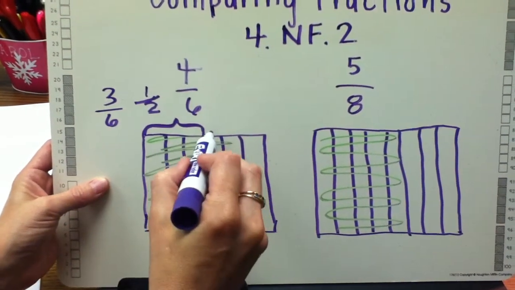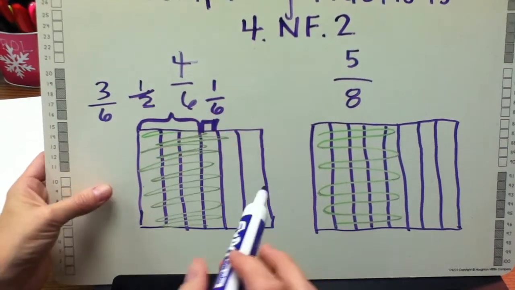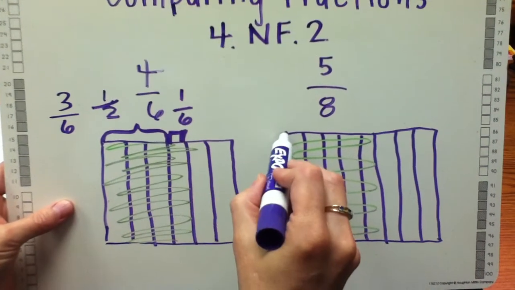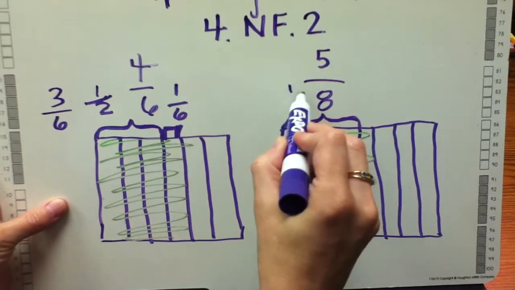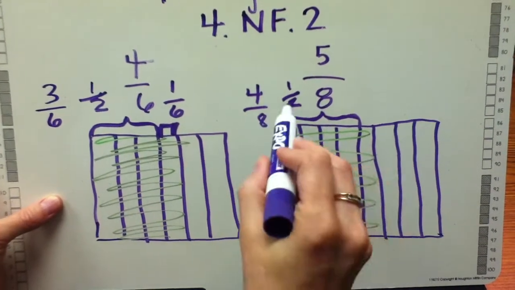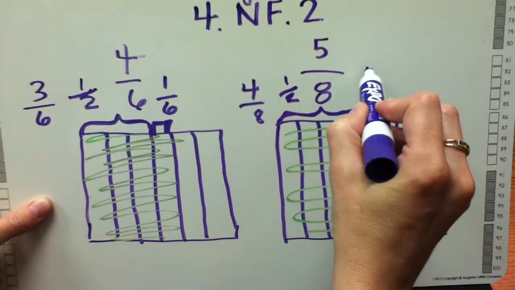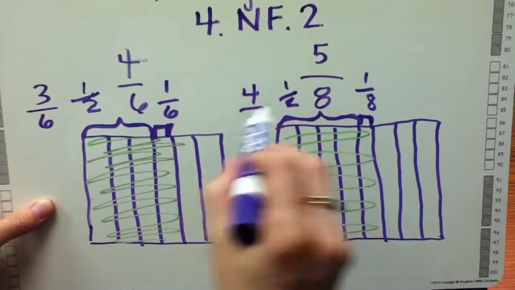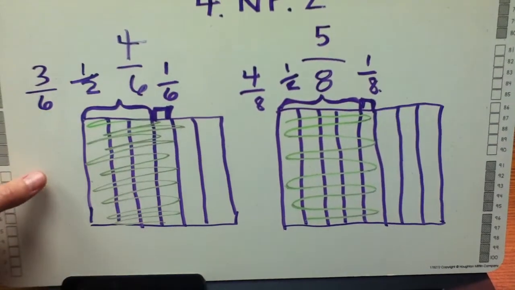So I'm left here with just 1/6 to look at, because over here I can also separate it into 1/2, which is the same as 4/8, or 4 of my 8ths, which is the 1/2. And then I have this little piece here, which is 1/8, because the 4/8 and the 1/8 gives me the 5/8, and the 3/6 and the 1/6 gives the 4/6.